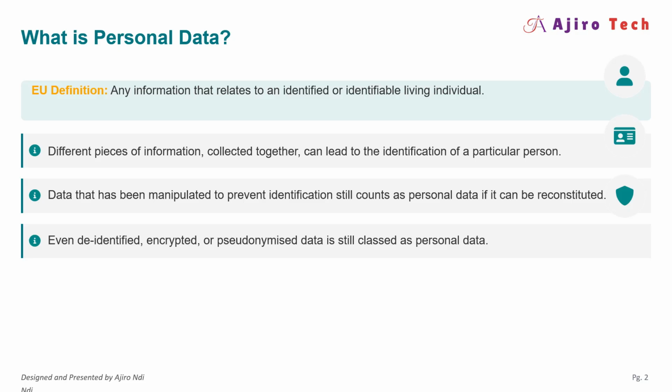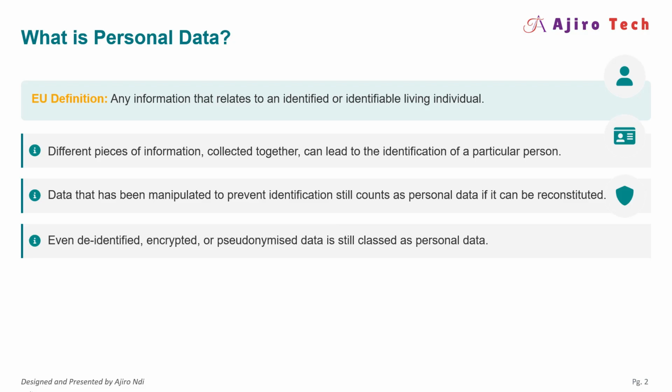Please note that. Even de-identified, encrypted, or pseudonymized data is still classified as personal data. Anything that can relate to an identified or identifiable living individual. Take note, a living individual is seen as personal data.